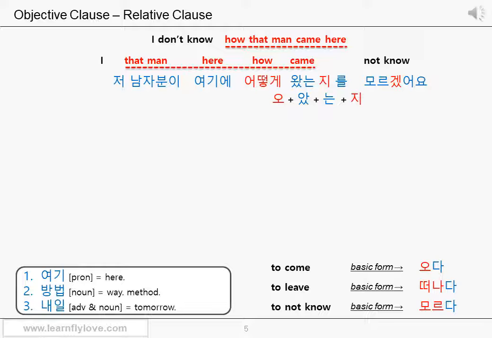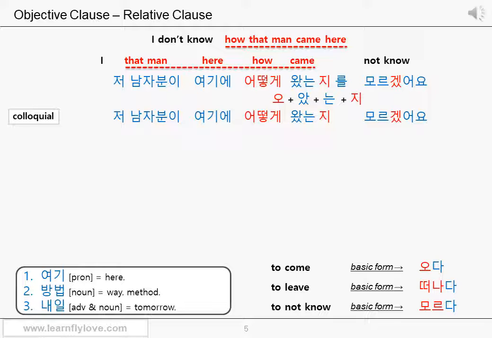So it's 모르겠어요. 저 남자분이 여기에 어떻게 왔는지를 모르겠어요. In spoken Korean, it sounds okay without the object particle. 저 남자분이 여기에 어떻게 왔는지 모르겠어요.